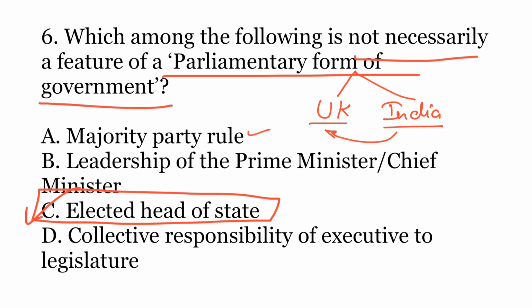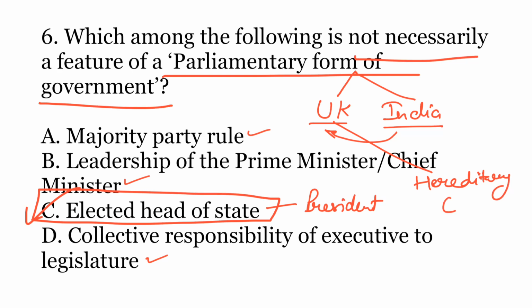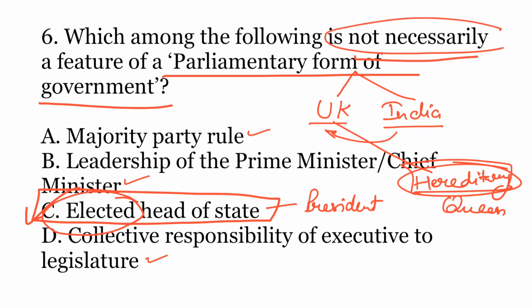Although all three other rules apply equally to both these countries, in India we have an elected head of state in the President of India, whereas in UK they have a hereditary head of state, that is the Queen of England. So although both the countries follow the parliamentary form of government, in India the head of the state is elected, whereas in UK the head of the state is hereditary. So it is not necessarily a feature of parliamentary form of government.